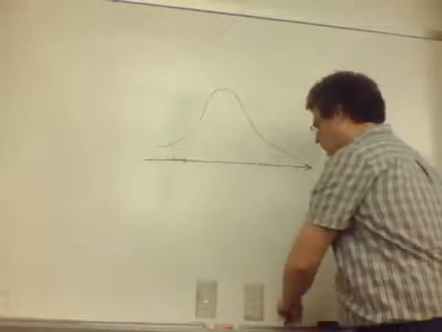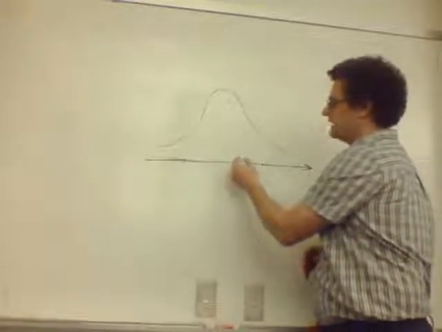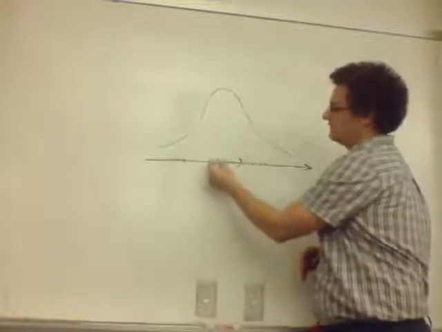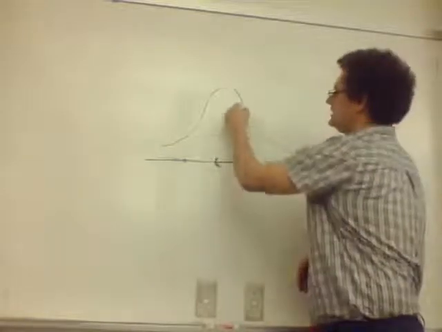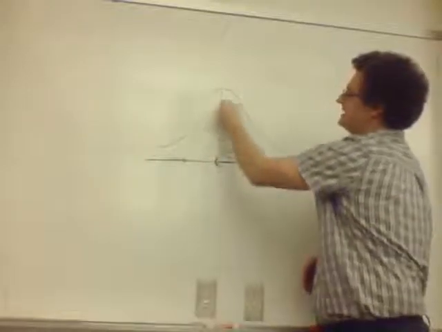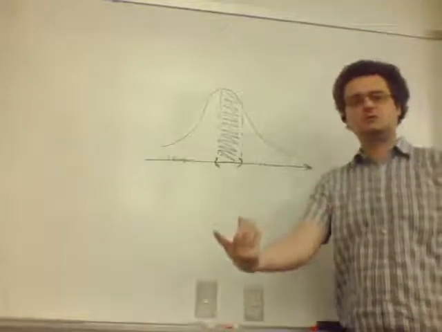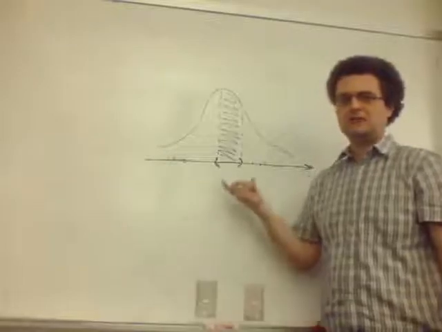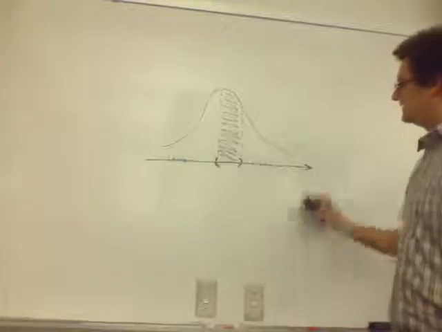Okay, and if you want to compute the probability that your random variable takes values in some interval, let's say from this point to this point, then what you would do is compute this area here below the density curve, and that is going to be the probability of your random variable taking values between this number and this number.